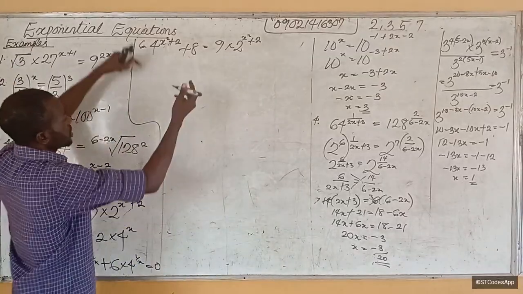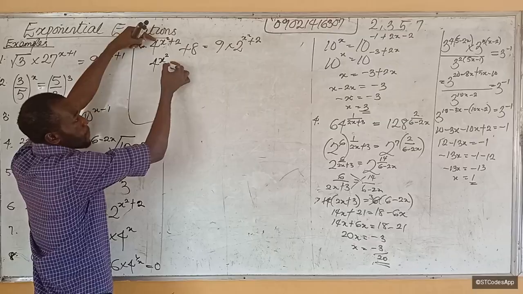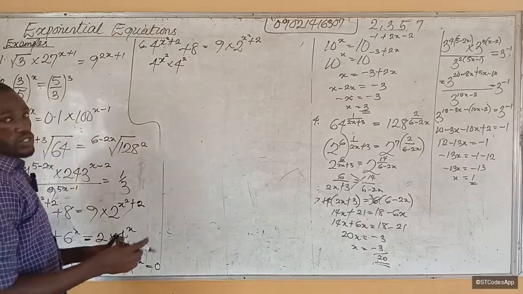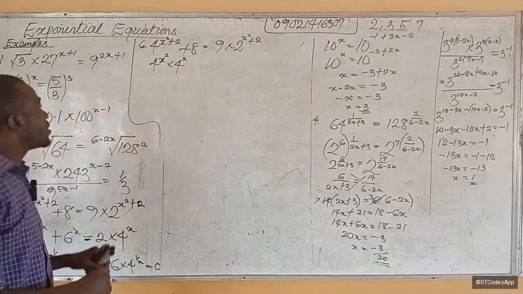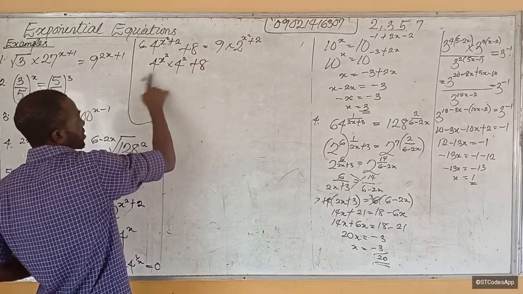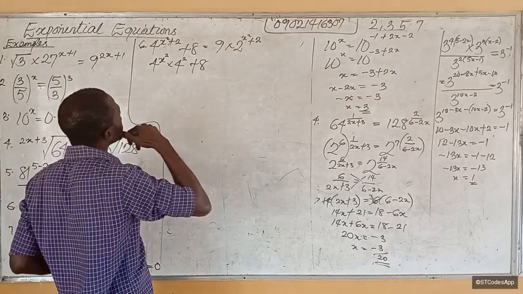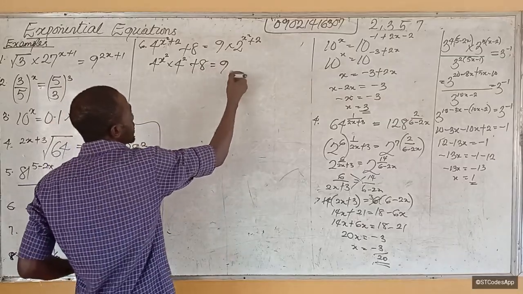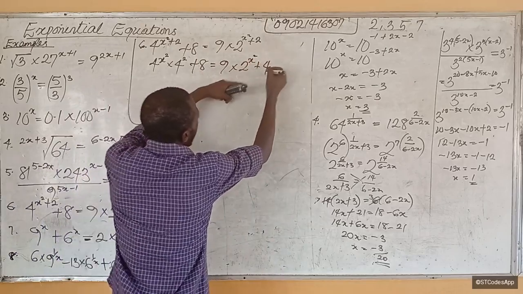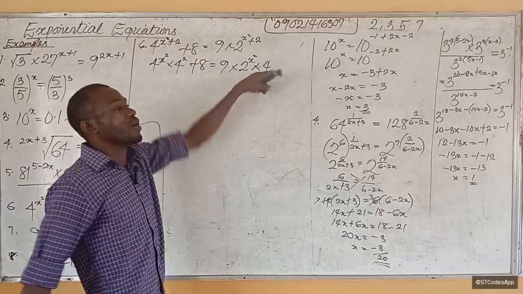Now I can re-express this as 4 raised to x squared, multiplied by 4 squared. Do you agree now? Is that clear? Then plus 8, because I want to express this together, it becomes 4 raised to x squared plus this 2. Make sense? Is equal to 9 times 2 raised to x squared. This one becomes plus 4 multiplied by 4 because it's 2 squared.